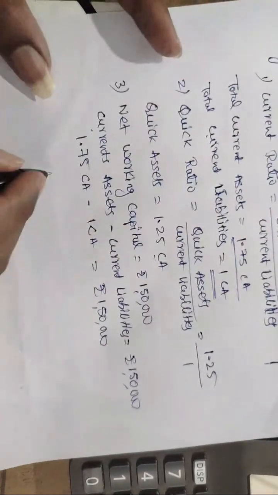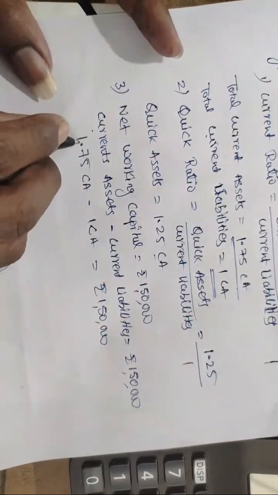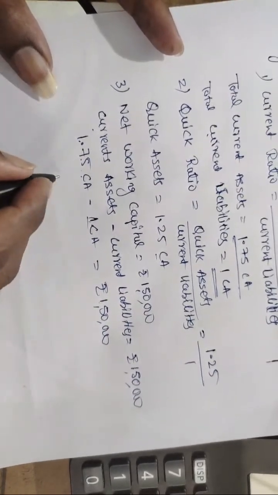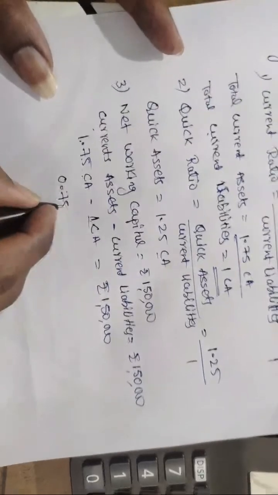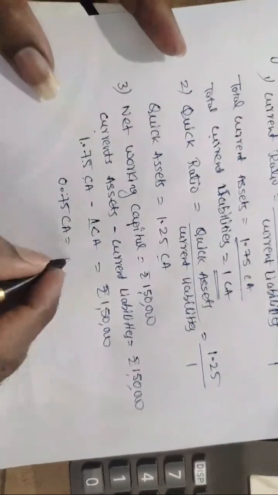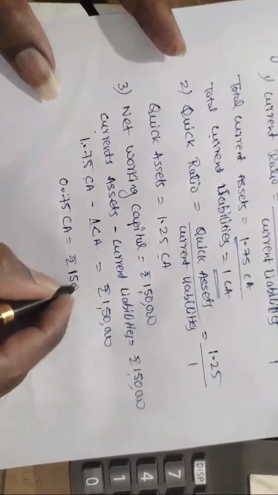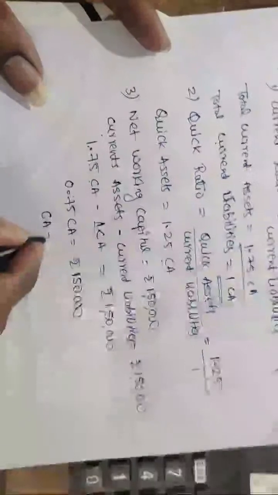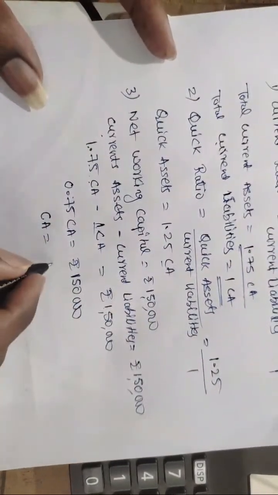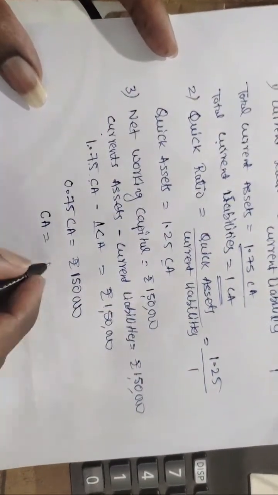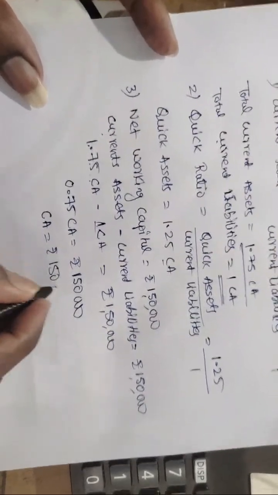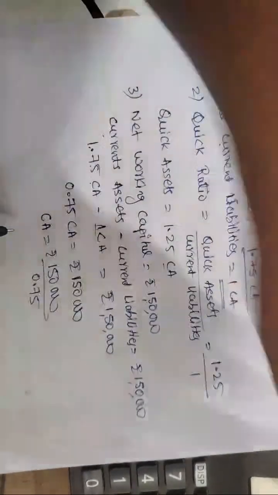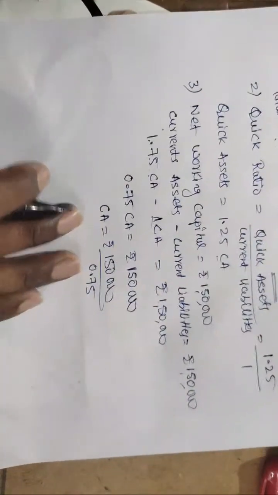So 1.75 minus 1 will be 0.75 current liability equals rupees 1,50,000. Then if you take this 0.75 to the other side, rupees 1,50,000 divided by 0.75.